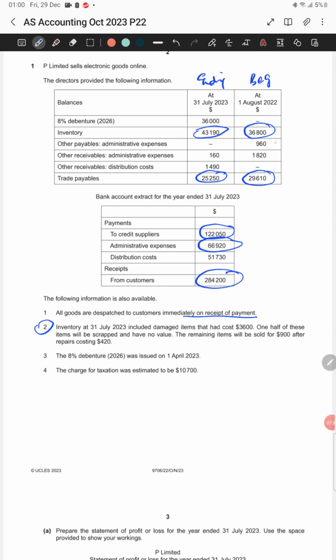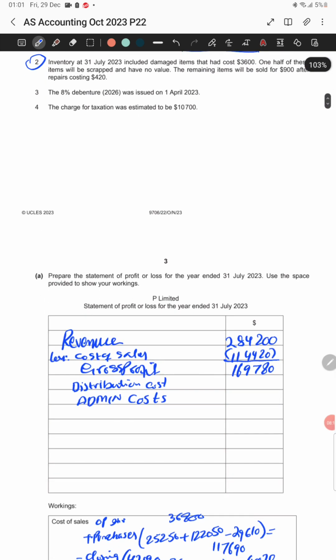and this is admin expenses. Other payable and receivable. Other payable means accrued, and other receivable means these are prepaid. Accrued and prepaid.